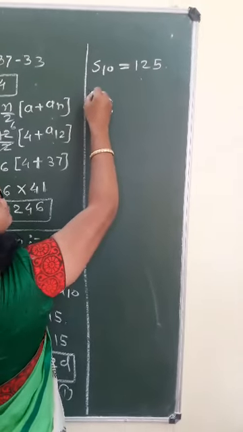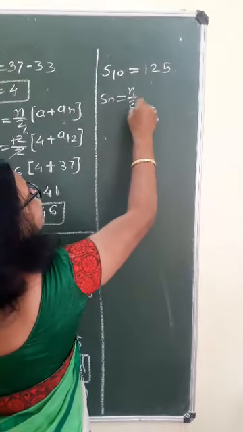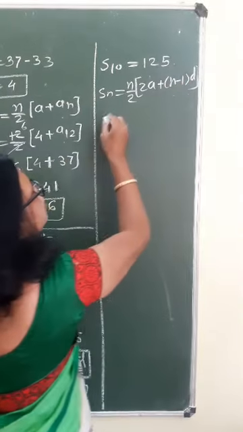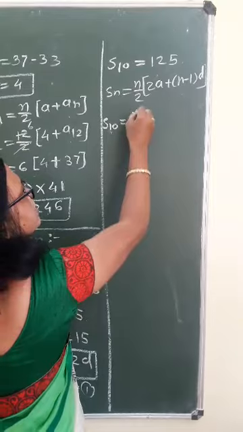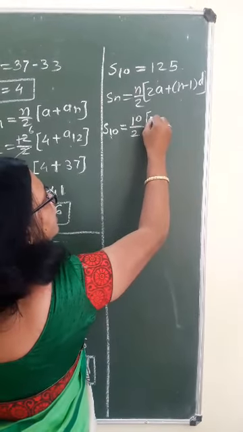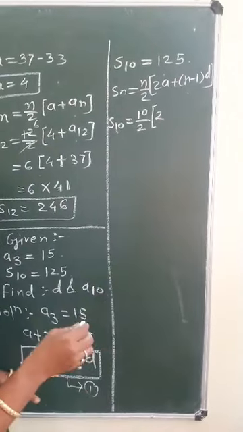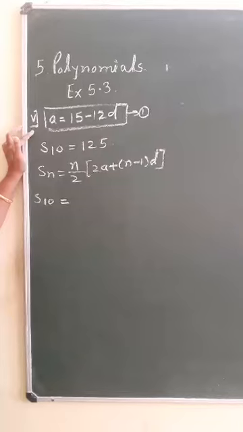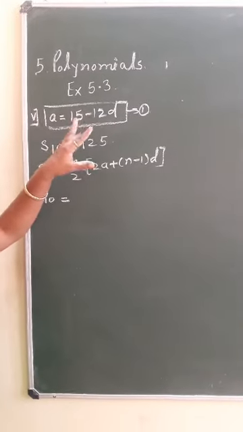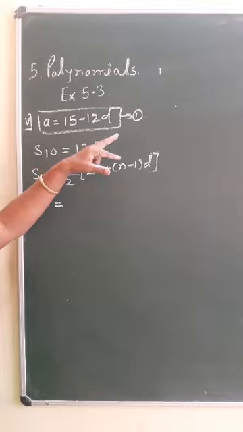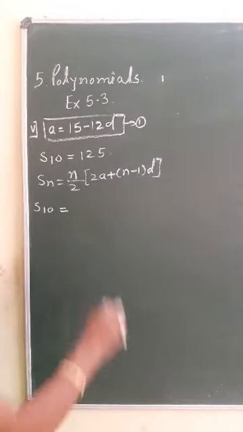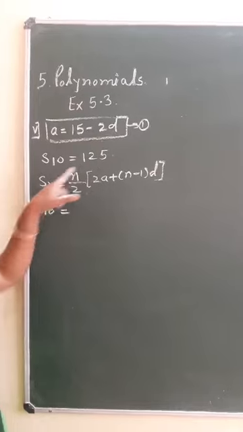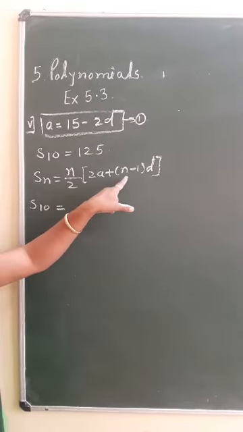The Sn formula is n by 2 [2A plus (n minus 1) into D].